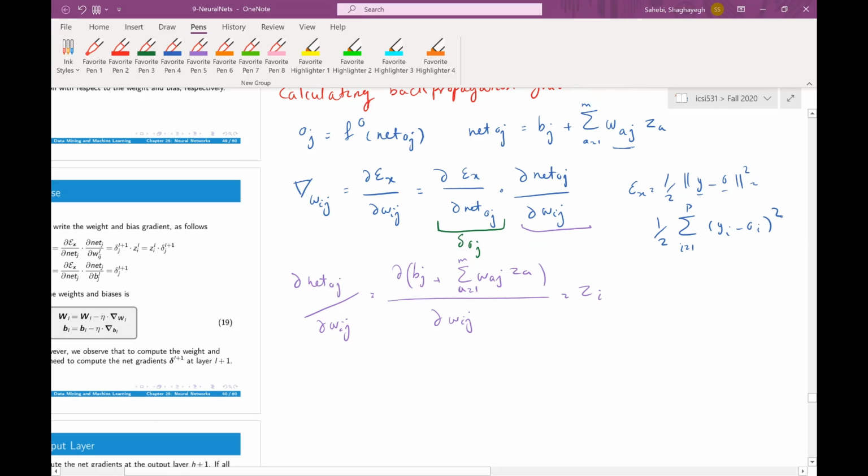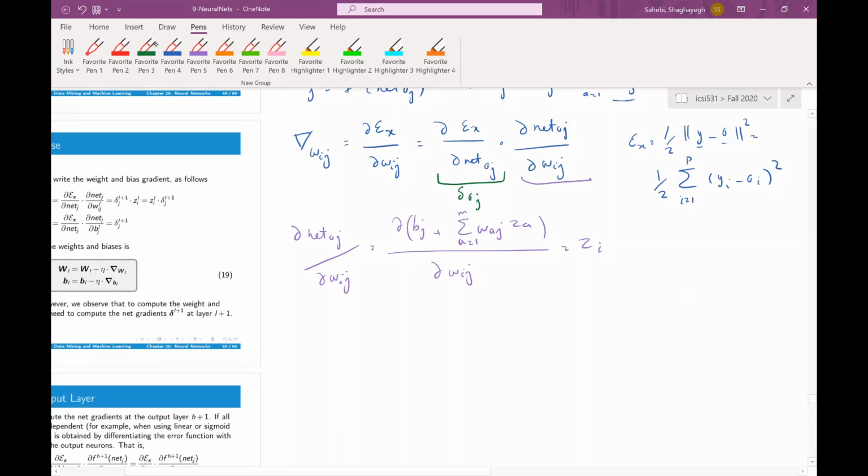So we can easily calculate delta OJ, which is the derivative of error with respect to net OJ, right? And again we can use the chain rule. It's equivalent to the derivative of error with respect to OJ itself, multiplied by the derivative of OJ with respect to net OJ.